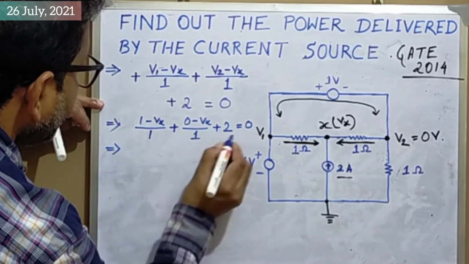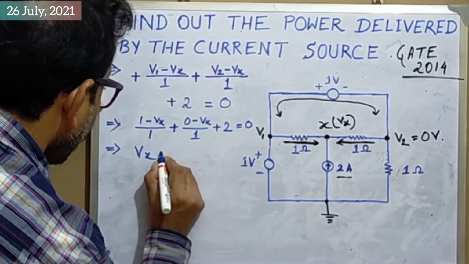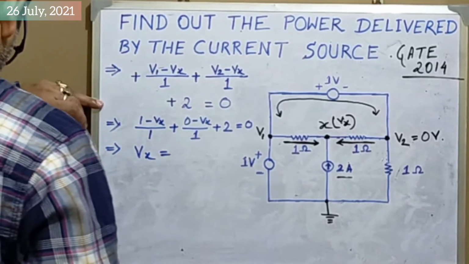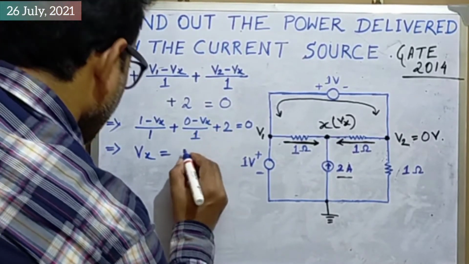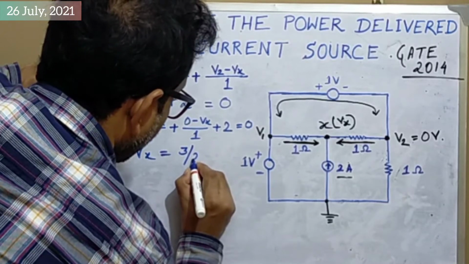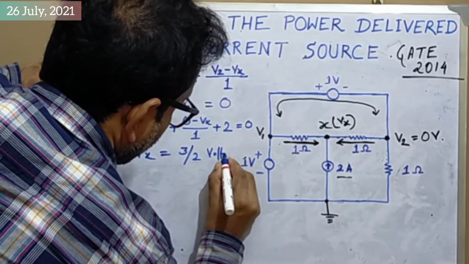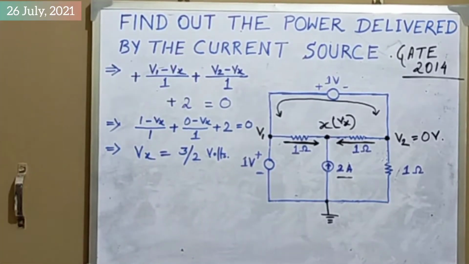So by simplifying this equation, we can get Vx equals 3 by 2 volt. So this is the value for Vx.